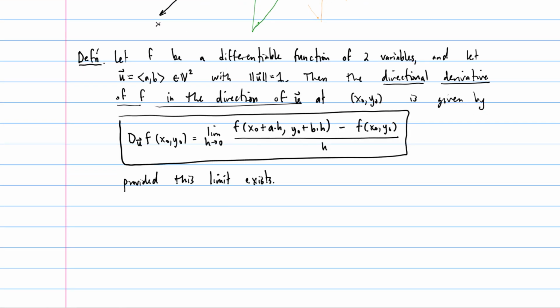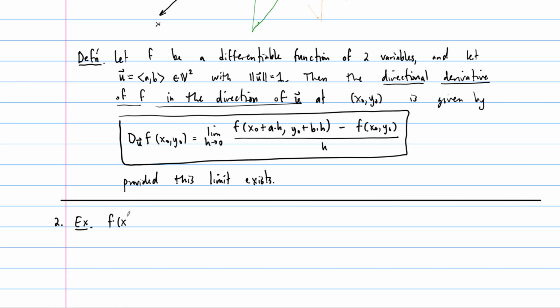All right, let's take a moment and do an example using this definition. After we do this once using the limit definition, we'll try to think of a way to do it without having to do that. So for this first example, let's say our function is f of x, y equals, let's go with a pretty simple function here, x times y minus x squared, so not too crazy.